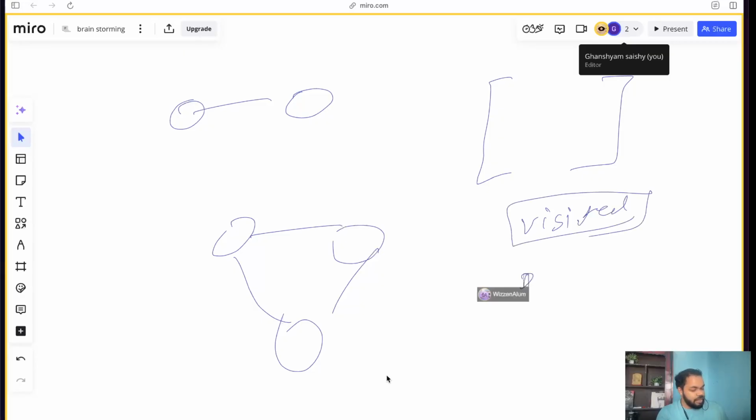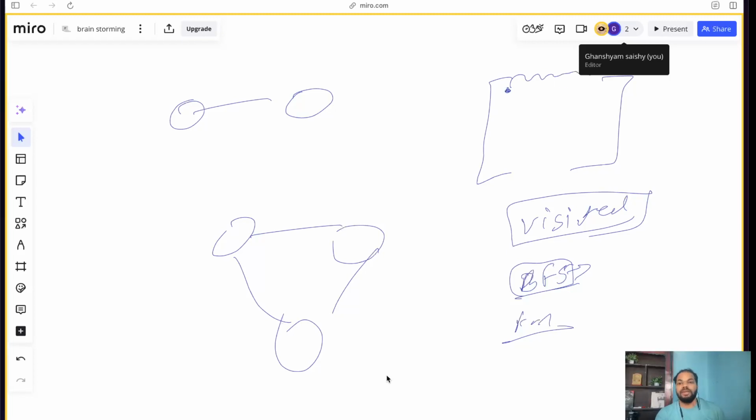We use DFS or BFS here, it doesn't matter. Last time we used DFS, so this time we use BFS. First of all we use a for loop to iterate over all the vertices.